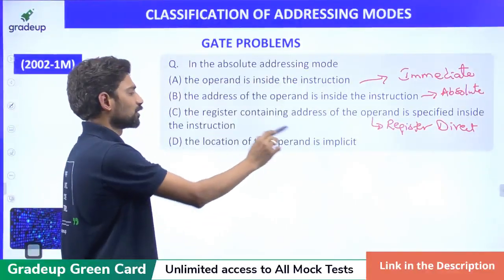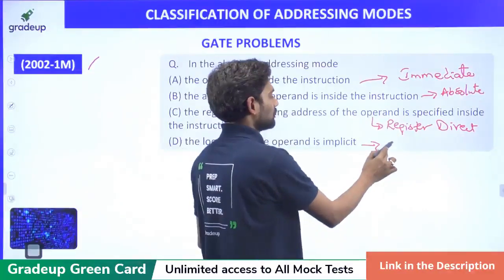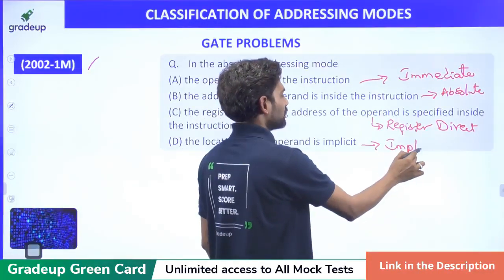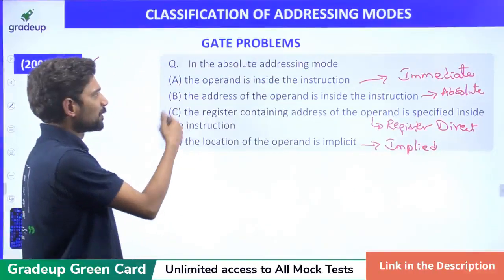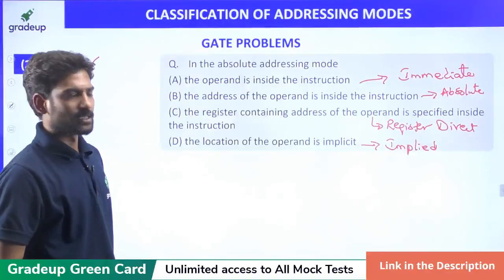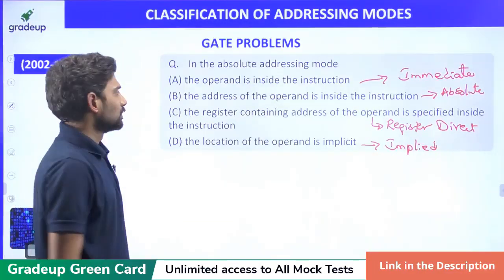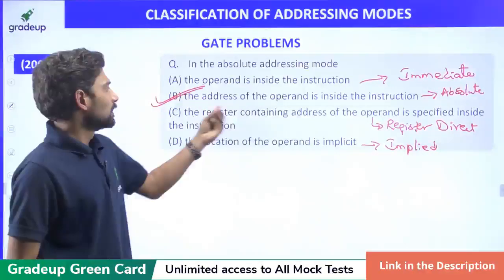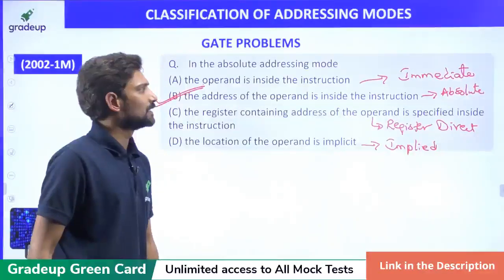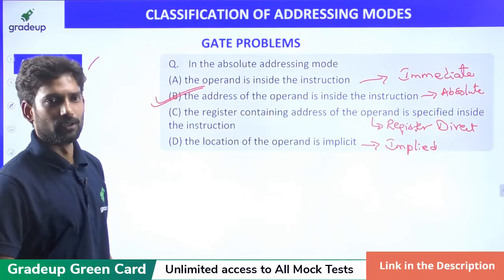And the location of the operand is implicit, that is implied addressing mode. So with the same options, the question may change, so it is better to know which addressing mode is what. So in the absolute addressing mode, the address of the operand is inside the instruction.